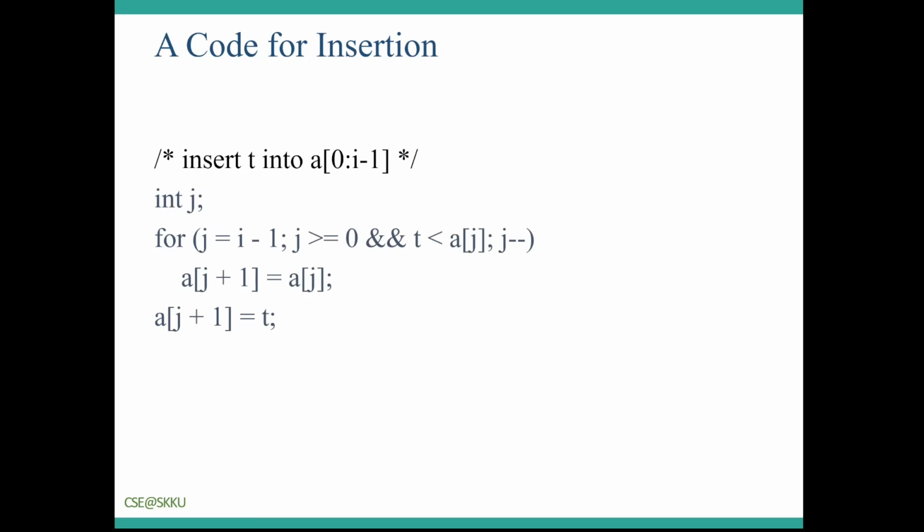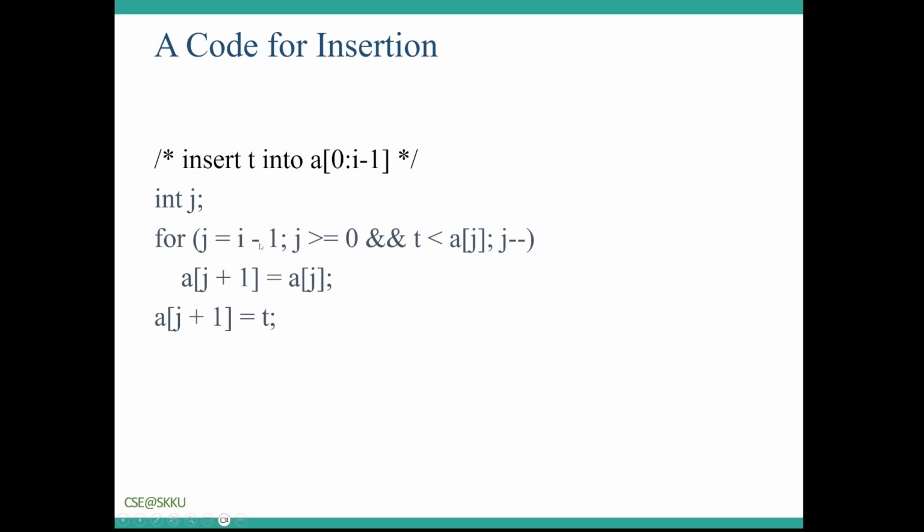Okay, now I want to explain the code for the insertion step. This code inserts a new element into the sorted part of the array from index 0 to i minus 1. We start by declaring the integer variable j, then we use a for loop to move from right to left, starting at position i minus 1.